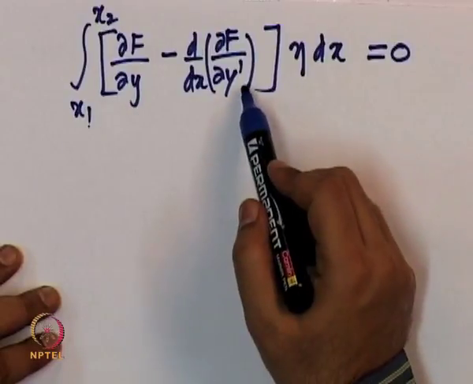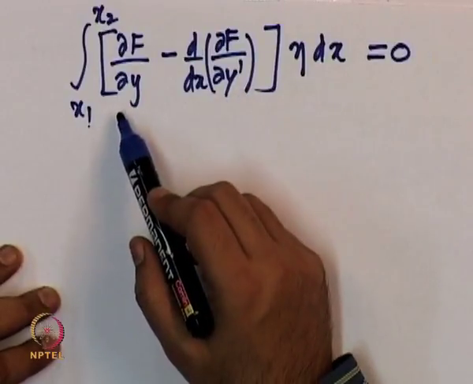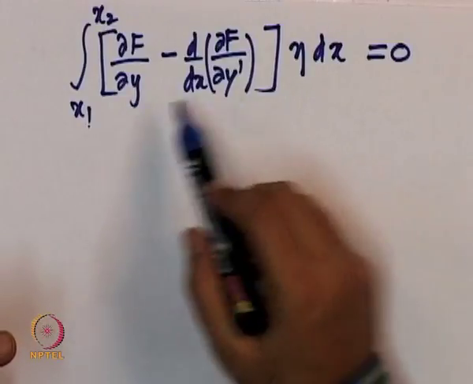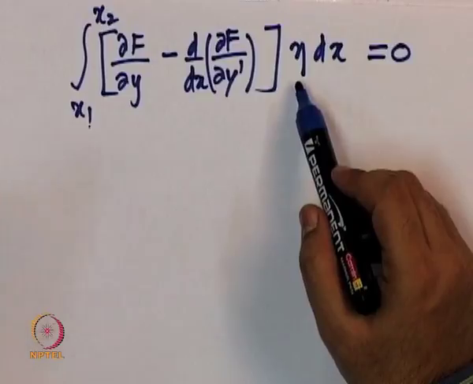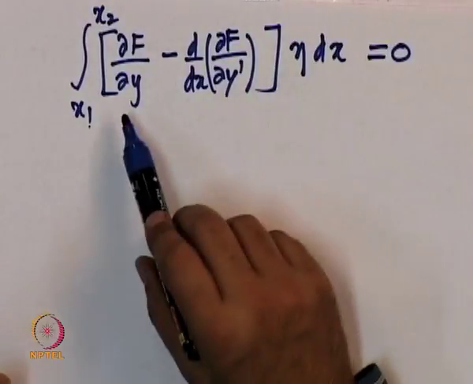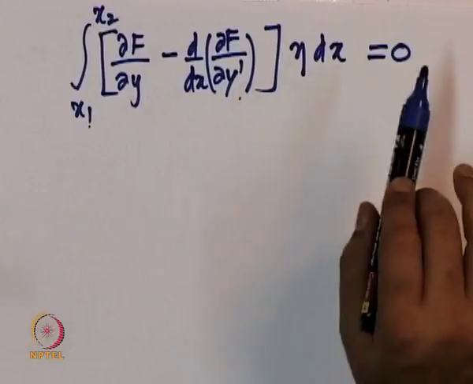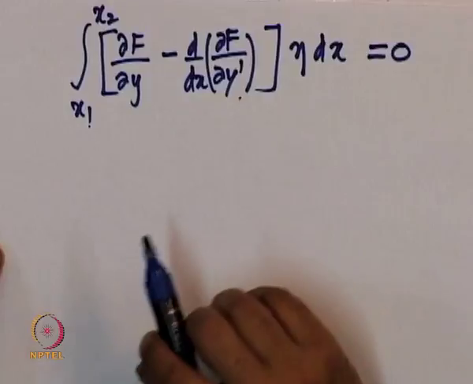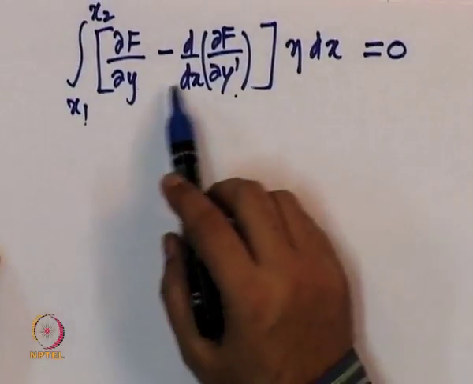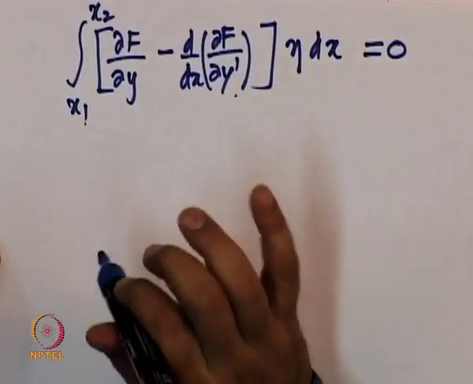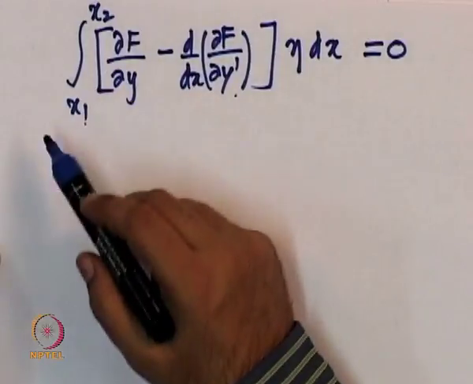Suppose it is not 0, if it becomes non-zero even at one single point, because I have the freedom to choose eta arbitrarily, I can choose eta to be a delta function, a function which will peak only at that point and be 0 everywhere else. So, this integral will become non-zero. So, it is not allowed for this integrand to be non-zero even at a single point in this domain.